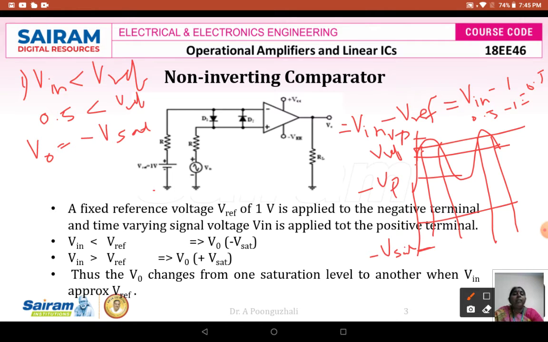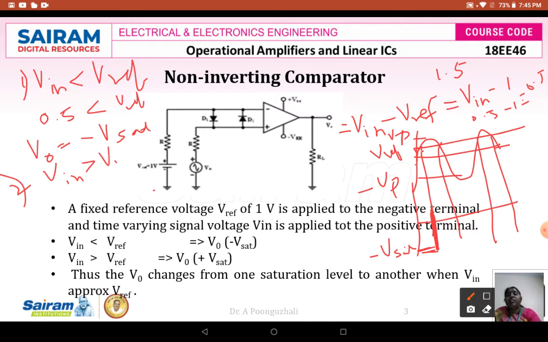So when my input voltage is equivalent to V reference, my output will switch from minus V sat to plus V sat. Like this, my output will switch. Next, after switching, my input voltage is greater. Greater means I can take my input voltage to be 2 volts, or 1.5 also I can take. The second condition is my Vin is greater than V reference.